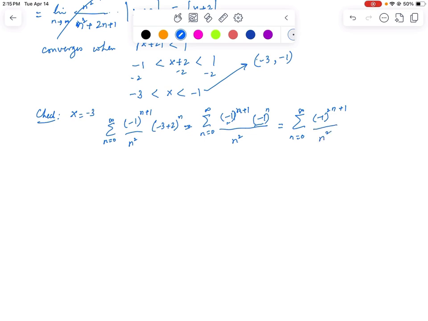Now negative 1 raised to the power 2n can be thought of as negative 1 raised to the power 2 whole raised to the power n, because remember, when you have a power on a power, the powers get multiplied. So negative 1 squared is 1. So we have 1 to the n, which means we have 1. Remember this, that whenever you have negative 1 and you are raising it to an even power, you'll get a 1.